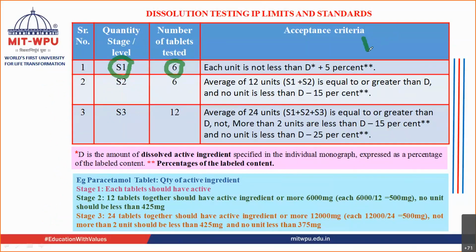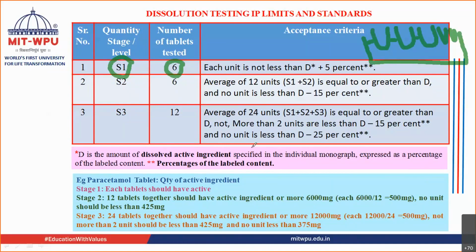One water bath can contain a number of dissolution apparatus. We have 3 different types of machines. One consists of 3 vessels, one consists of 6 vessels, and one consists of 8 vessels.